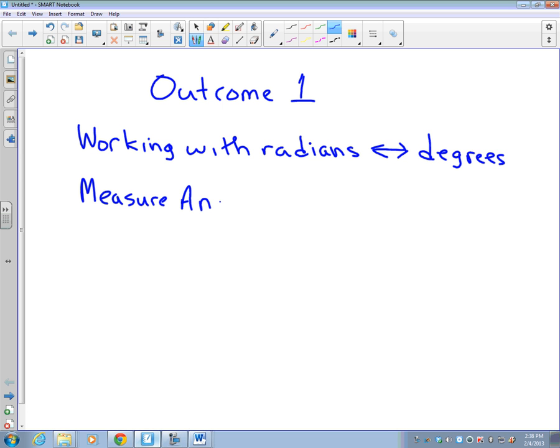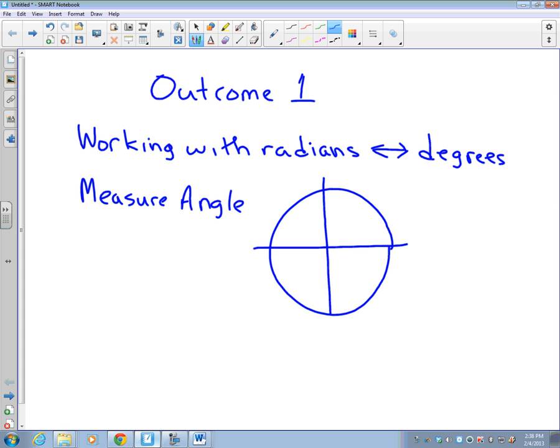So we know that when we talk about our unit circle, for example, the different values are 0, 90, 180, 270, and 360 degrees. Right? That's what you talked about last year when you went around the unit circle. So why 360 degrees?